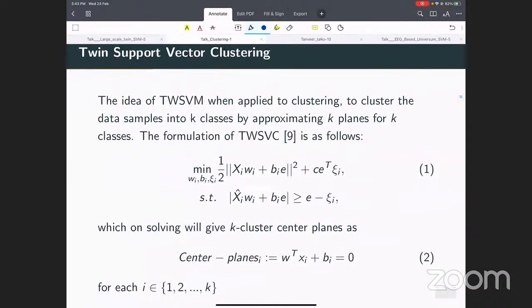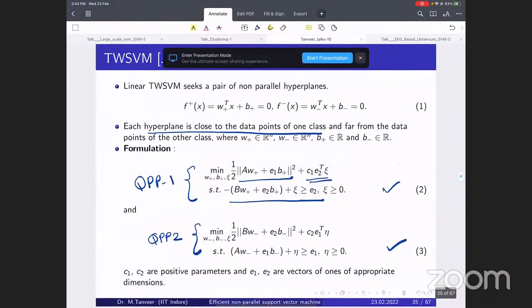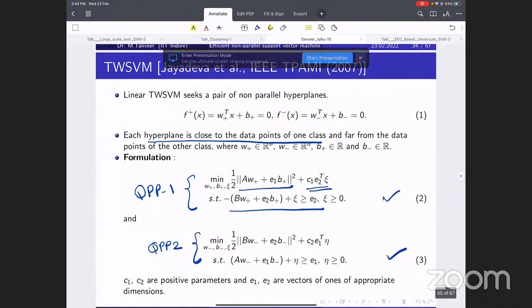Now let me discuss how to move towards the clustering problem. We discussed what twin SVM is, and this is the twin SVM formulation.